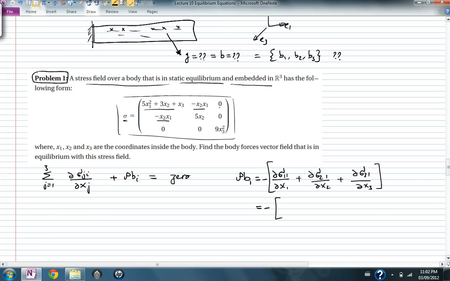Partial sigma 1,1 by partial x1 will be equal to 10x1. Partial sigma 2,1 by partial x2 is equal to negative x2. Partial sigma 3,1 by partial x3 is 0. So this is equal to negative 10x1 plus x2.